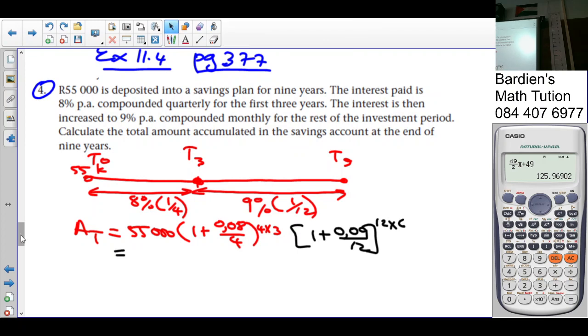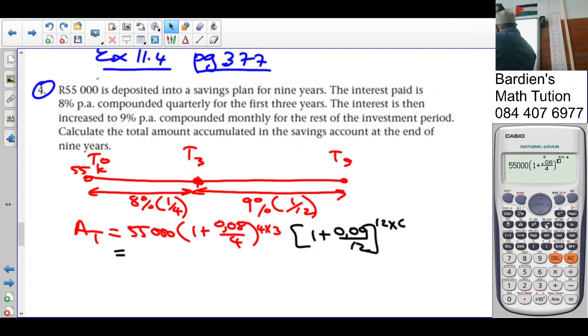So that can be calculated as 55,000 open brackets 1 plus 0.08 over 4 to the exponent 4 times 3, which is 12, times 1 plus 0.09 over 12 to the exponent 12 times.